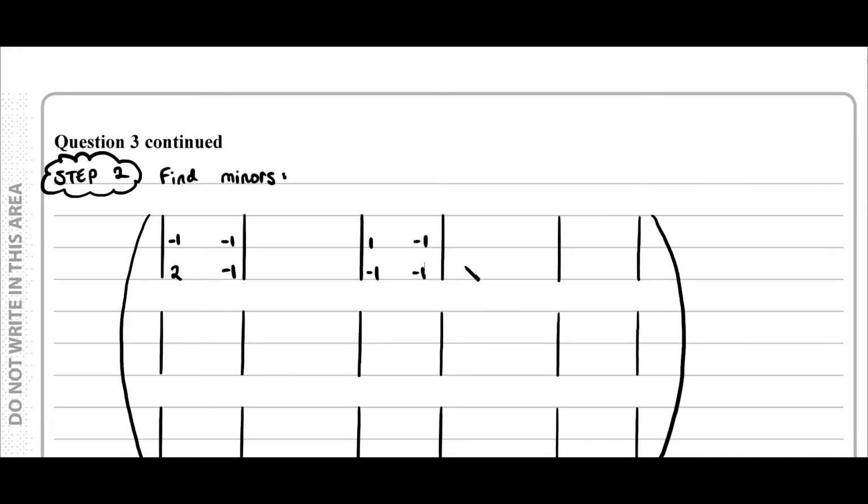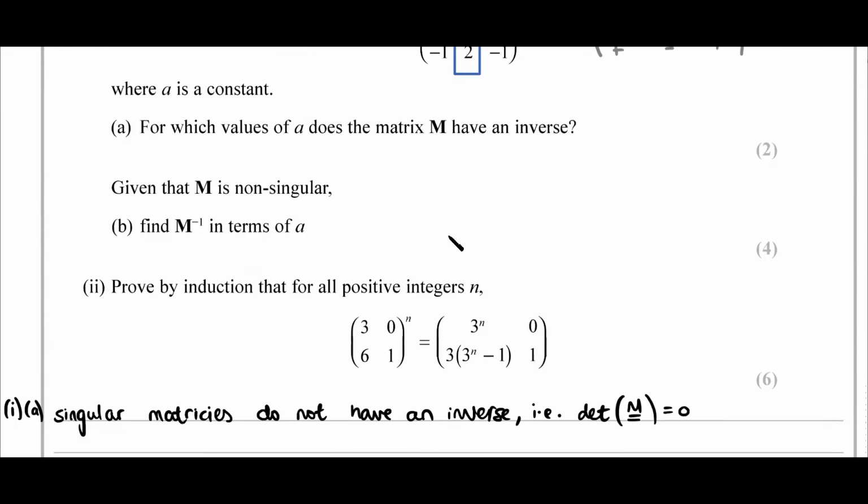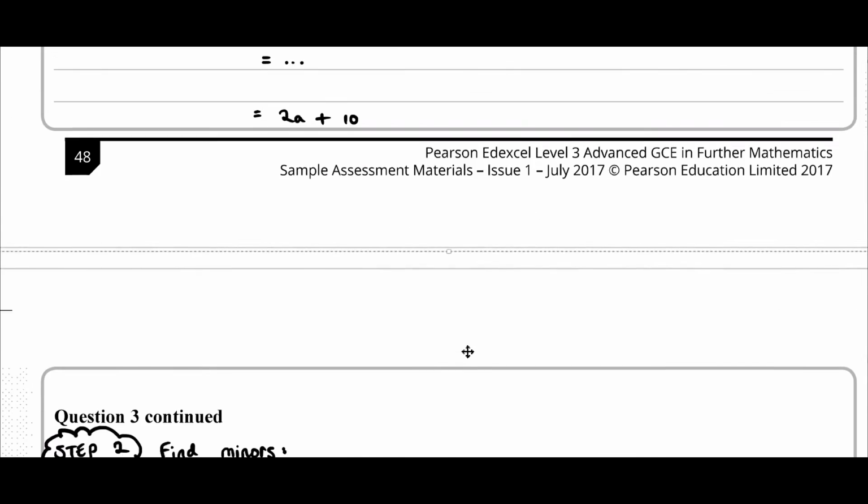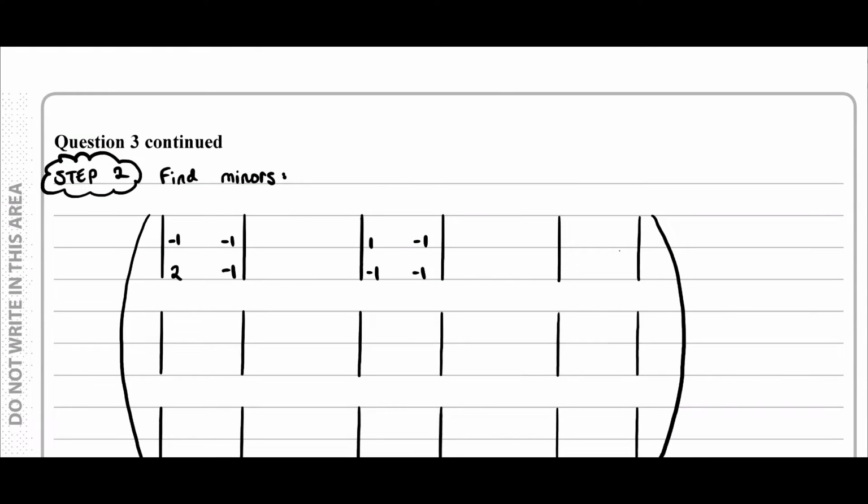And then if we move this here, for this element, we have 1, minus 1, minus 1, 2. So let's just add that in. 1, minus 1, minus 1, 2.